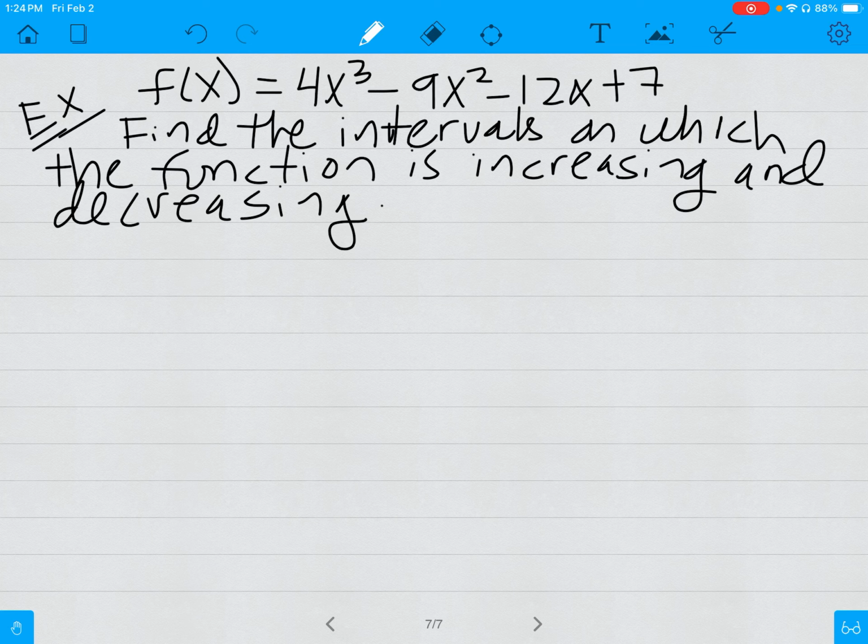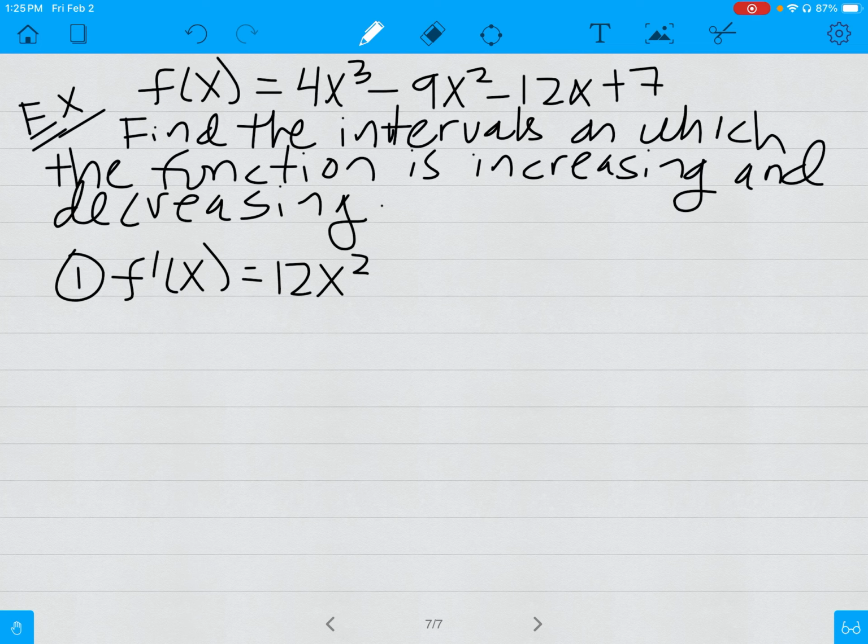Okay, so the first step, if we're thinking about that three-step process, the increasing and decreasing test, the first step is to find the derivative, right? So I'm going to go to my function and I want to find f prime of x. So the derivative of that first term, 4x cubed, that's going to be a 12x squared.